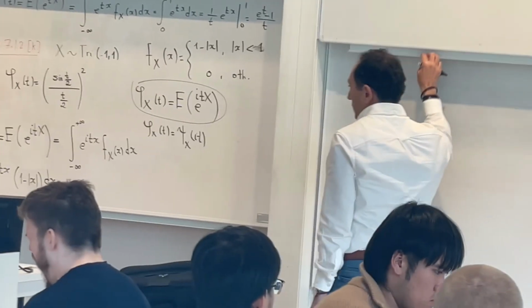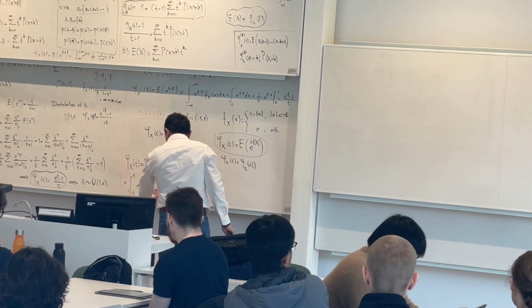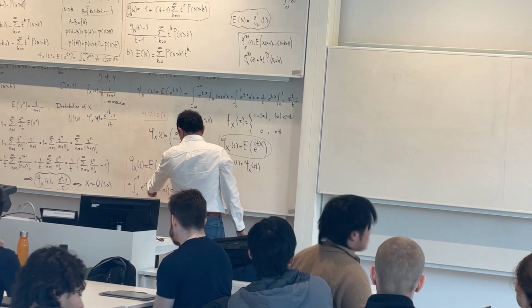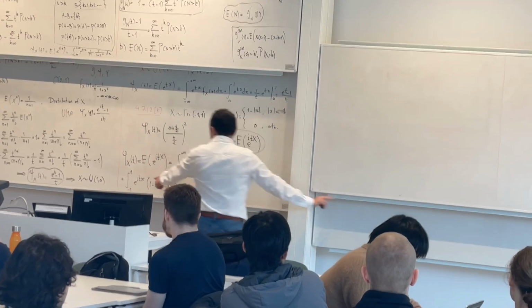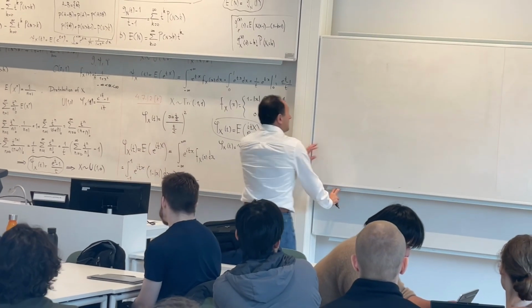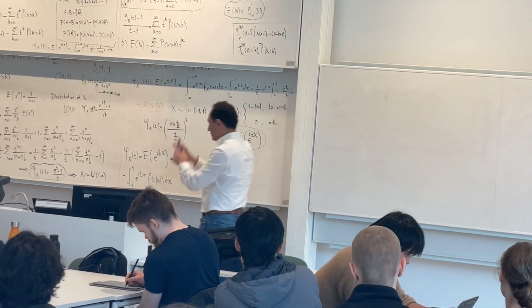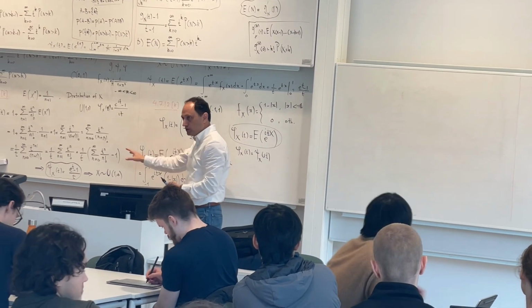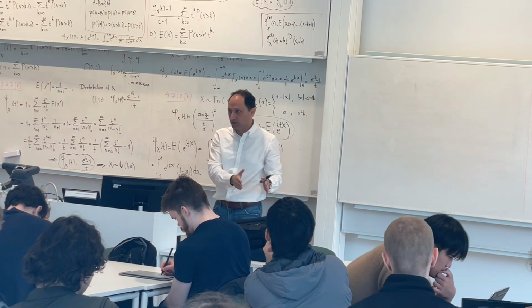Even if you study a complex analysis course, the definition of this kind of integral, which depends on a real variable, requires you to write a definition of this exponential. So you need to separate. The definition of this integral will allow you to separate it into its real part and its imaginary part.